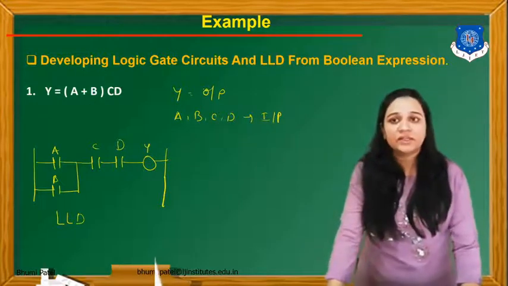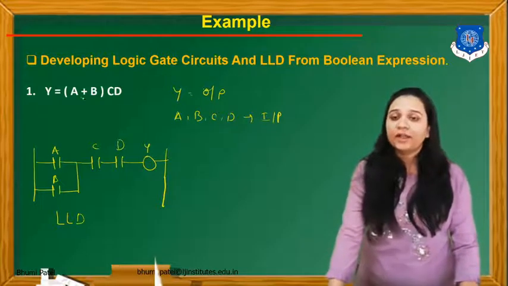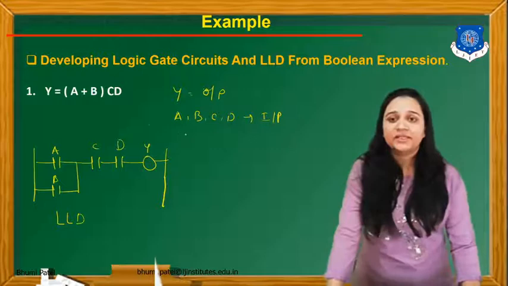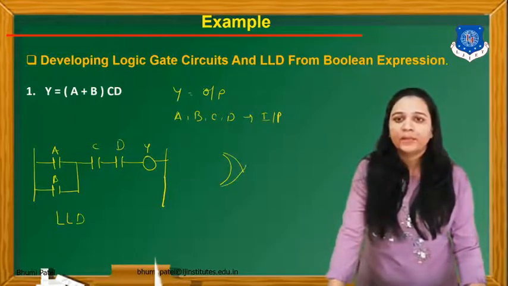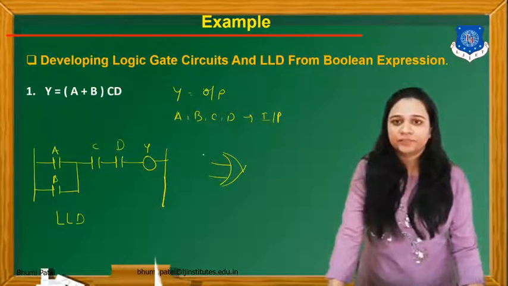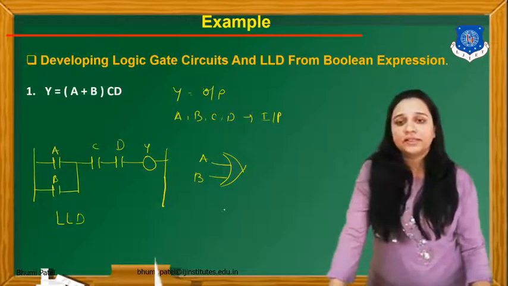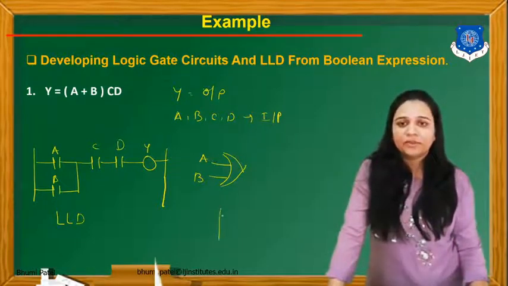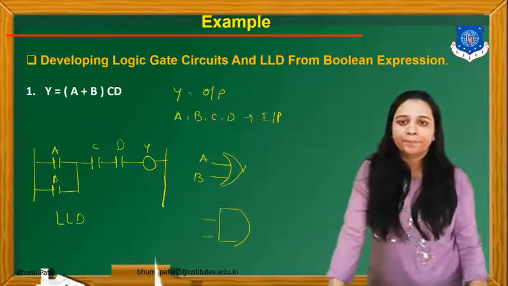Now the next task is to develop the logic gate circuit. Here a plus b is an OR gate, so we put an OR gate, and the inputs of the OR gate are a and b. Then c and d are in series connection, or in multiplication. For multiplication we can use the AND gate.